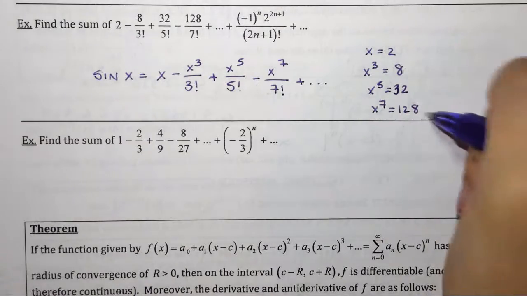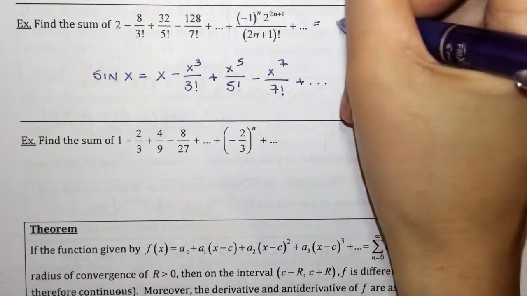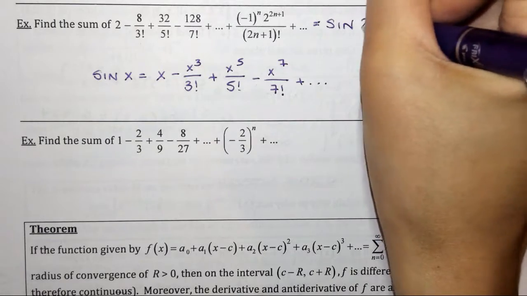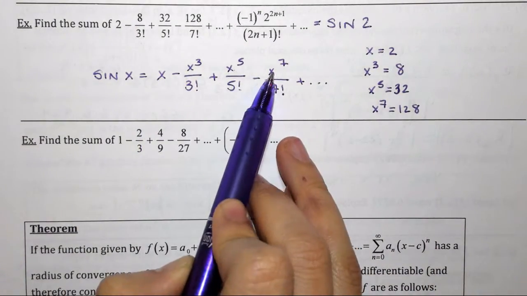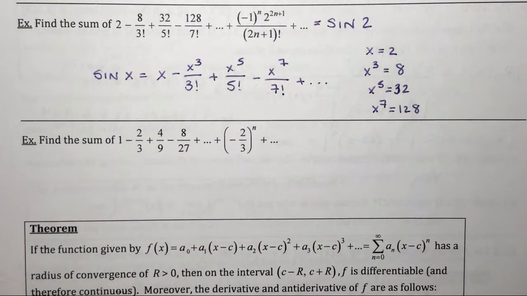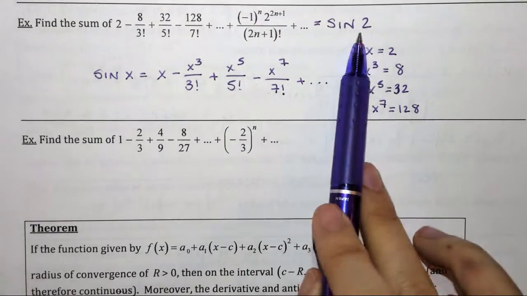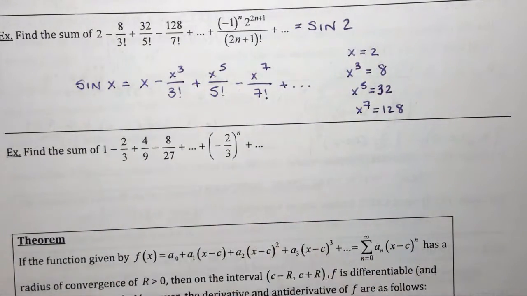If x equals 2, then that's true too. So the sum of this series is actually equal to sine of 2. Sine x, if I replaced every x with 2, would match this function. So sine of 2 and the sum of this infinite series will both equal the same number.